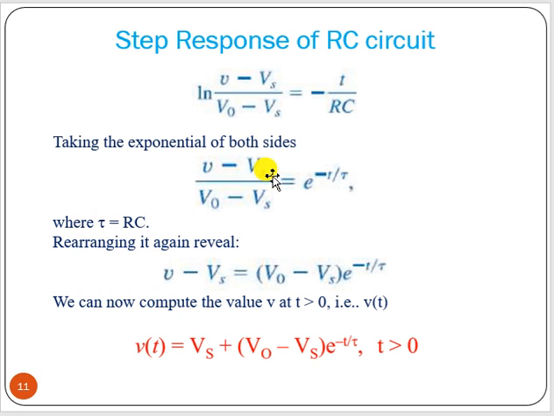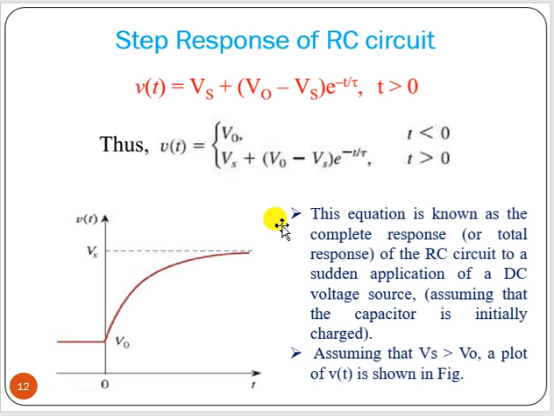So what we get is V minus Vs equal to (V0 minus Vs) e to the power minus t/tau. Now rearranging that, we can write V(t) equal to Vs plus (V0 minus Vs) e to the power minus t/tau for t greater than 0. So according to this expression, for t less than 0, V is V0, the initial value.